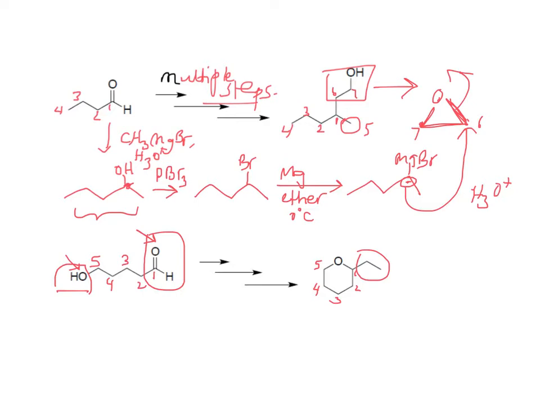And there is no one way, there are multiple methods, but one of the ways could be if you treat it with thionyl chloride. And of course you can use PBr3, you can use PCl5, any one of those, to essentially create a Cl at position 5.